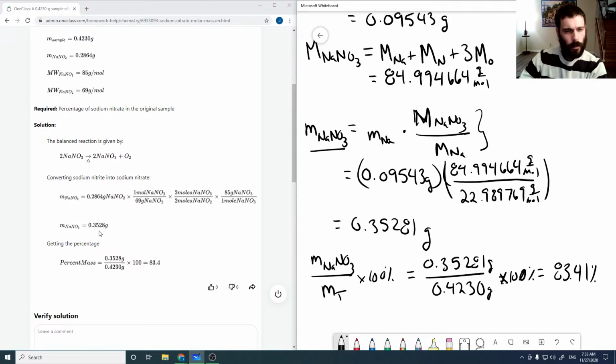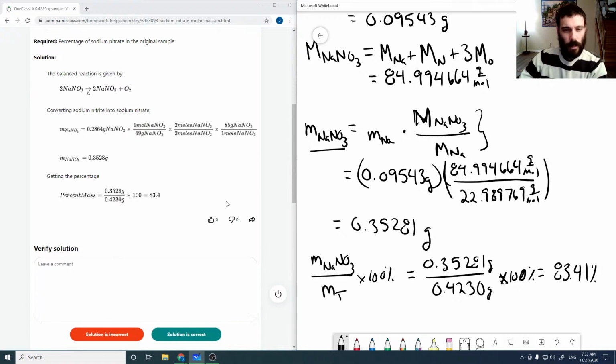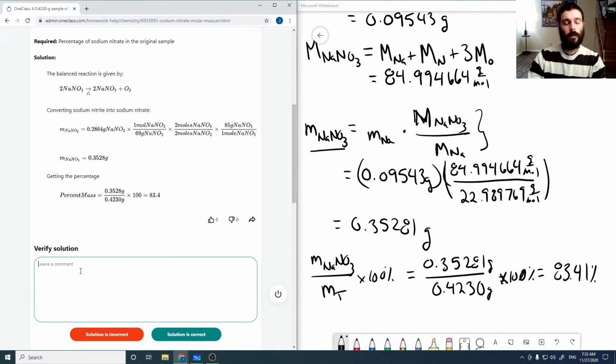Oh, right, I guess, yeah, we could have just straight up converted the mass of sodium nitrite to nitrate without going through the sodium mass, but oh well. And we get a percent mass of 83.4, so it looks like that all comes out to be the same. So the solution is correct.